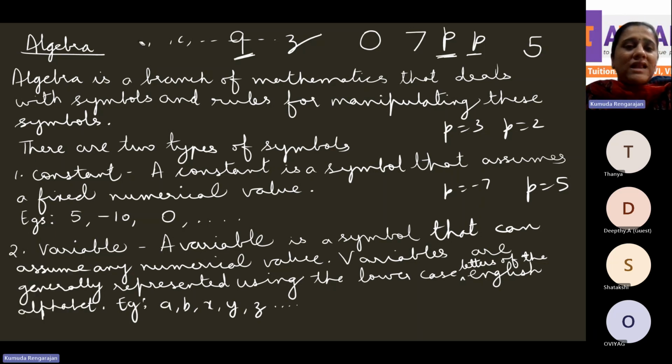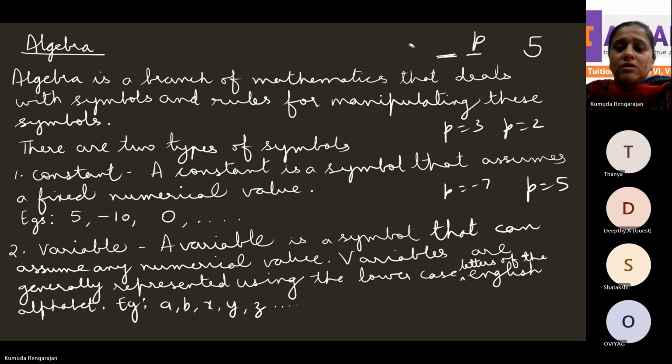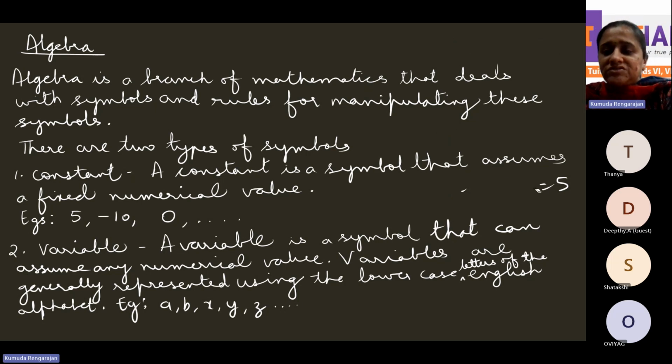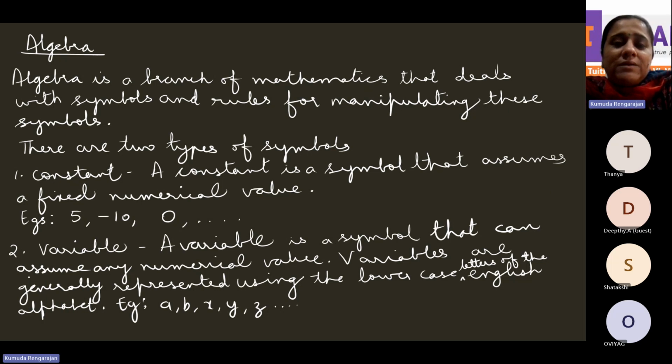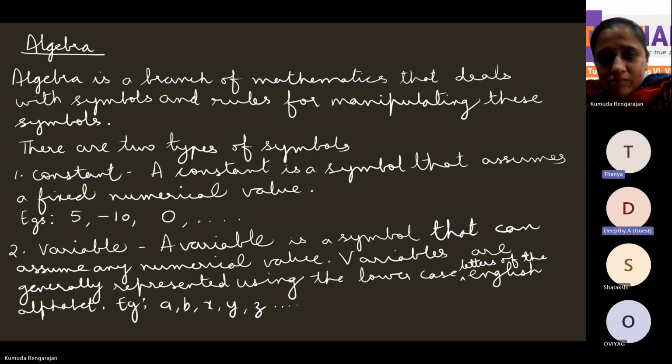Now, what is an algebraic expression? We understood these terms, constants and variables. We already know what is meant by mathematical operations. How many mathematical operations do we have, children? 4, ma'am. Name the mathematical operations.